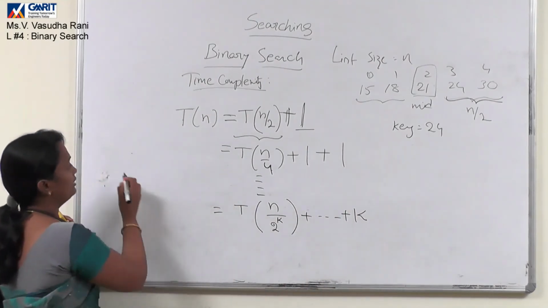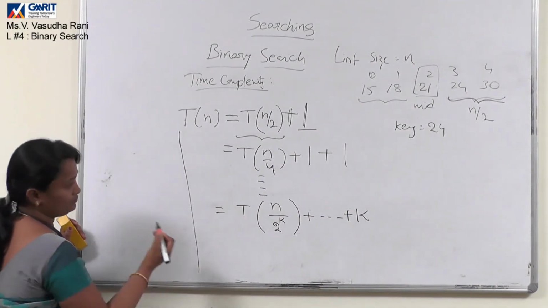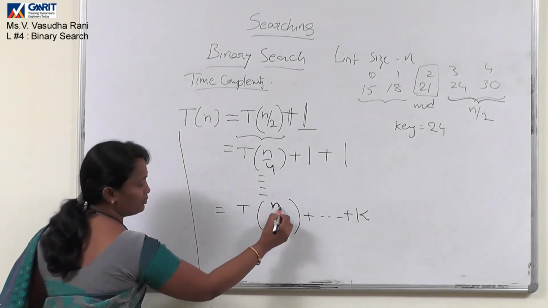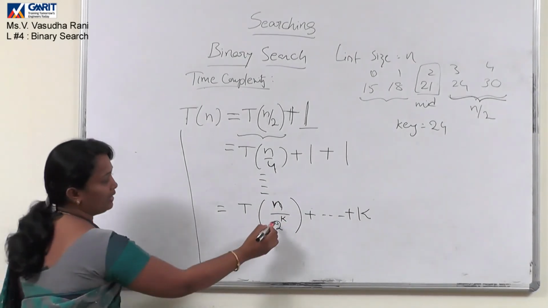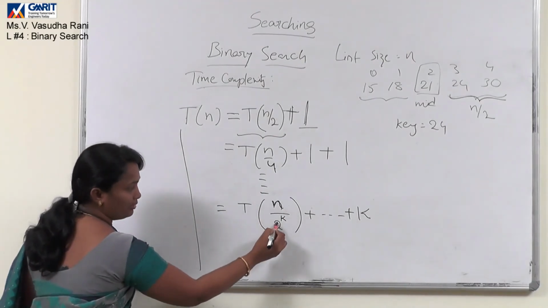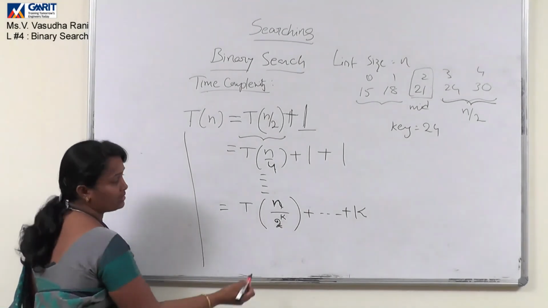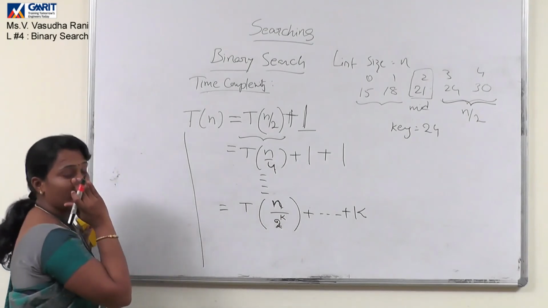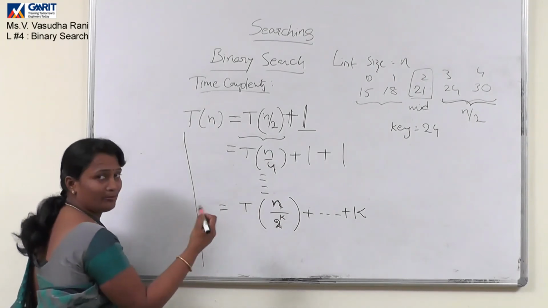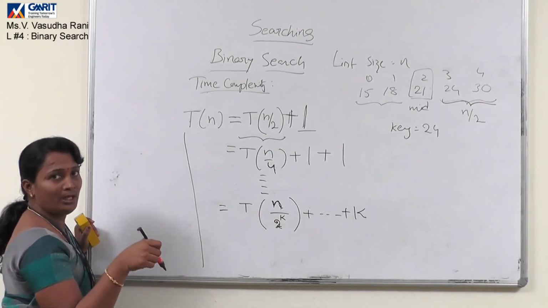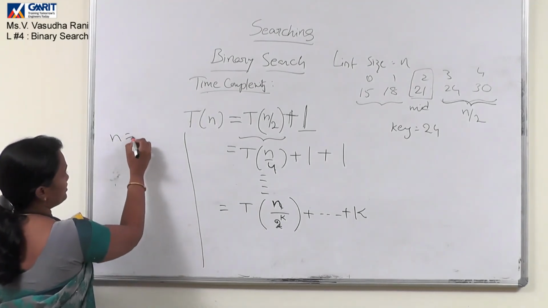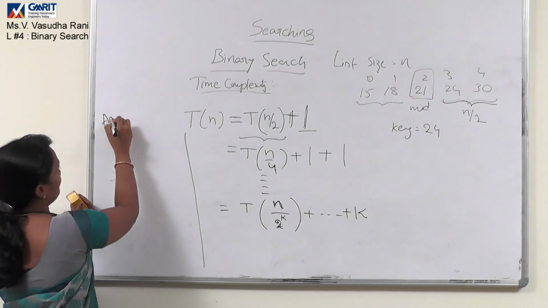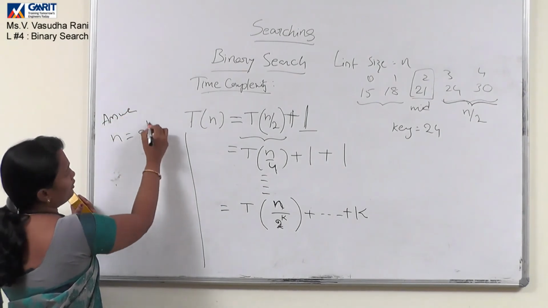So here, from this numerator and denominator, we are getting n equal to 2 power k. As long as the iterations continue, this 2 power k will equal n, and the number of elements in the list becomes only 1, near to 0. So we can assume n equal to 2 power k.